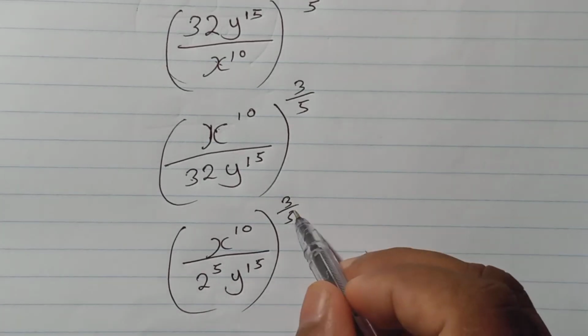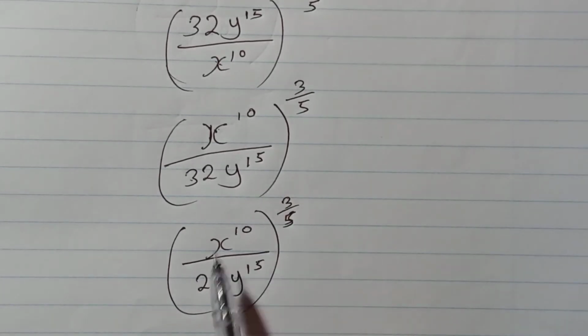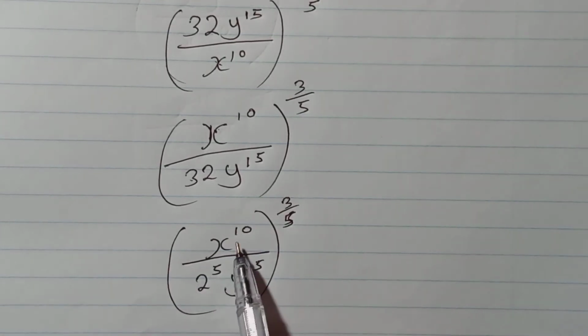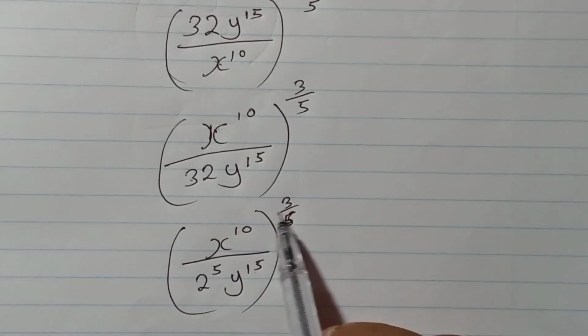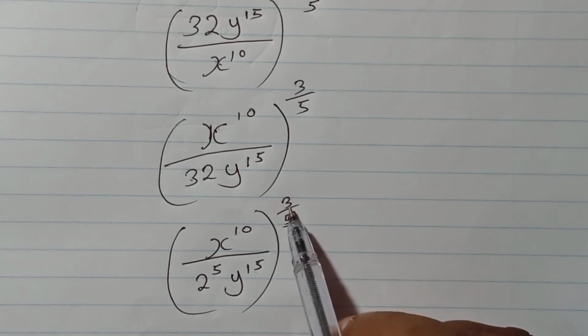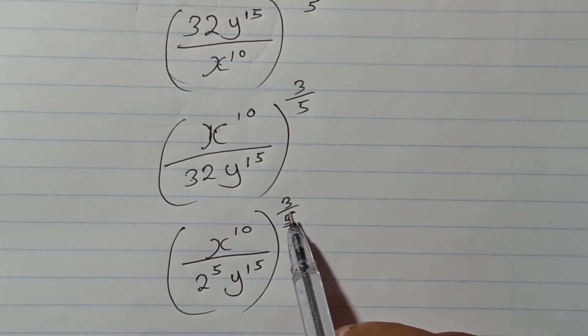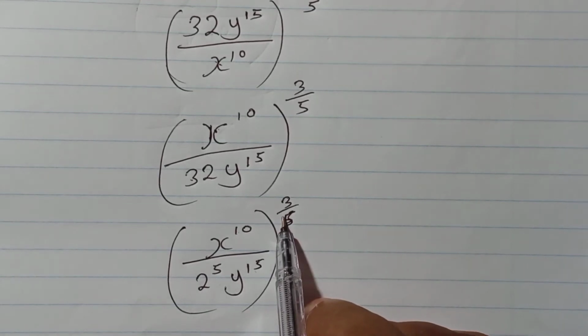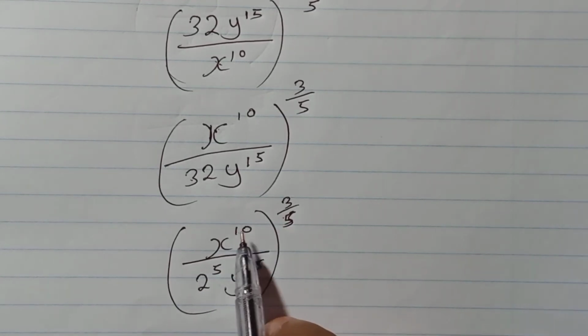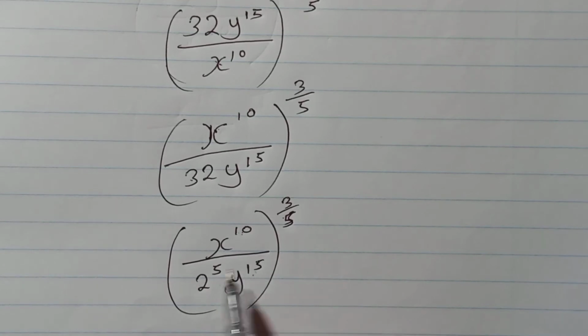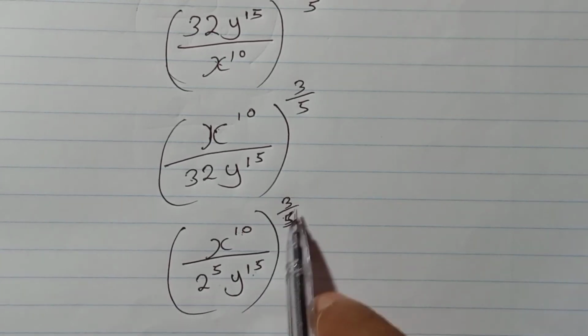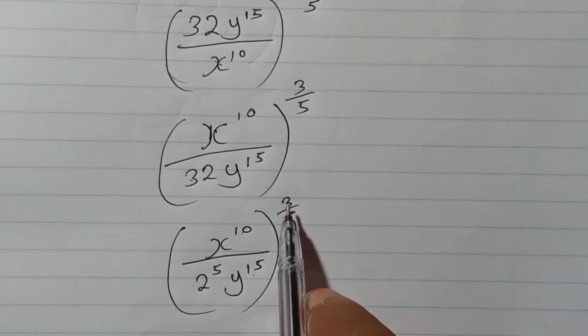Now what we need to do, keep in mind, when you have it this way, inside the bracket you have terms, and outside the bracket you have one index, which is also a fraction. What you can do is multiply these indices, that means 10 here, 15 here, 5, all three, with this same index, 3 over 5.